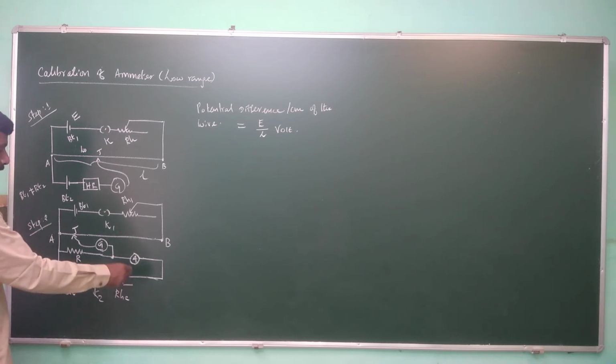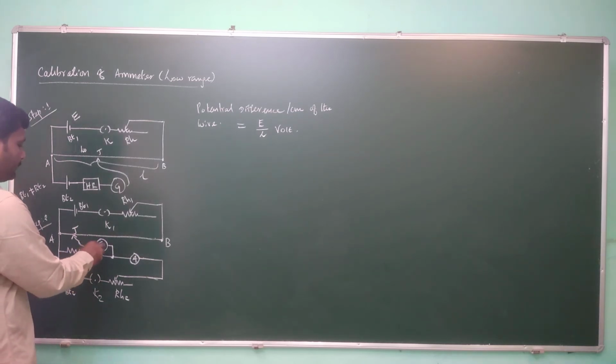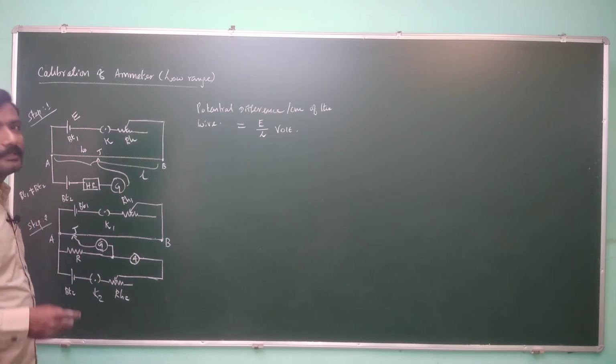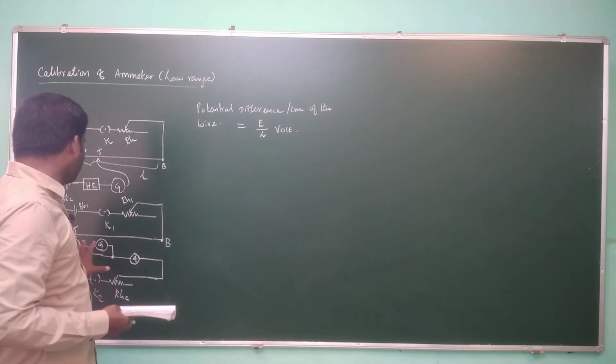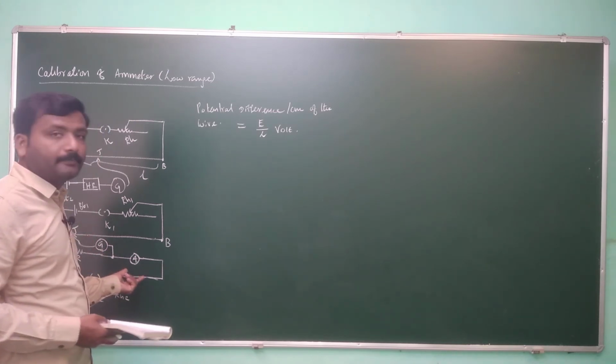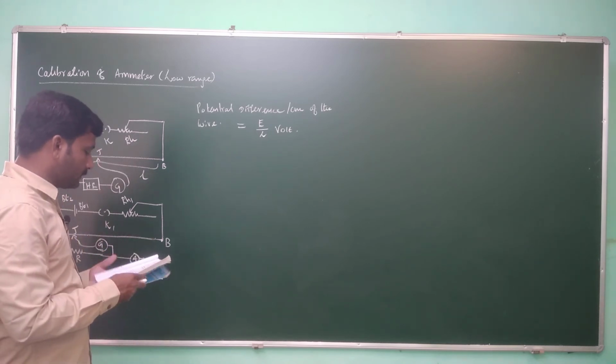If you are increasing the current, the galvanometer deflection will change, and we can make it null at every point. Okay, and that is the thing that we are going to do. We are going to measure this balancing length and the current. This is the thing that we are going to do in this setup, and keep it in mind. The rest we will discuss.